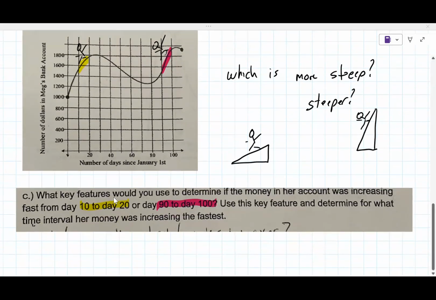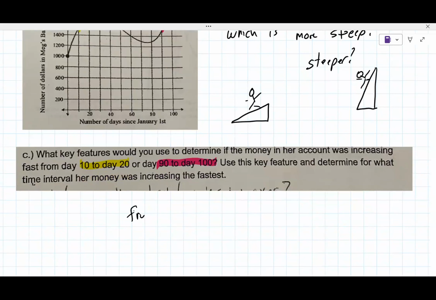Okay, so the answer here is from 90 to 100. The graph is steeper here. Okay.